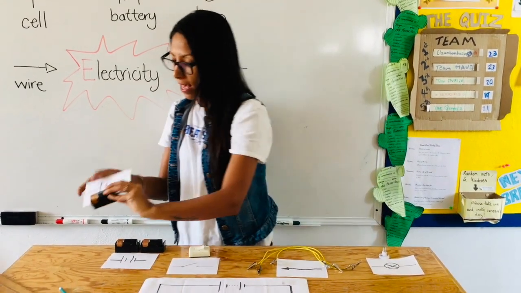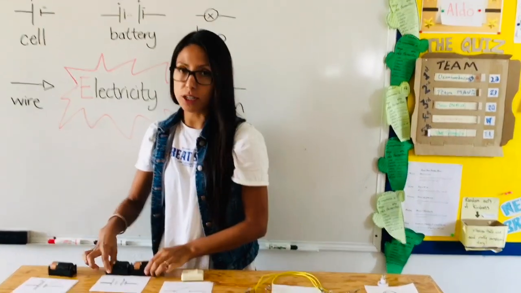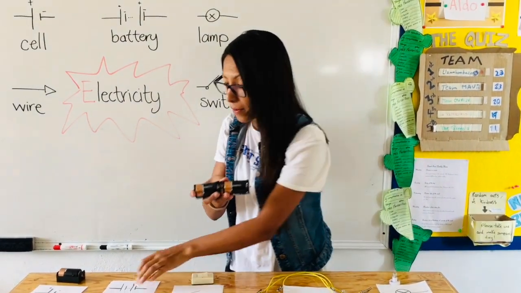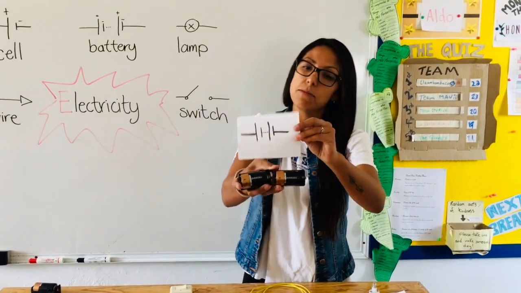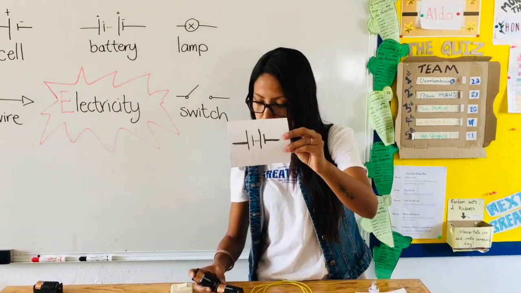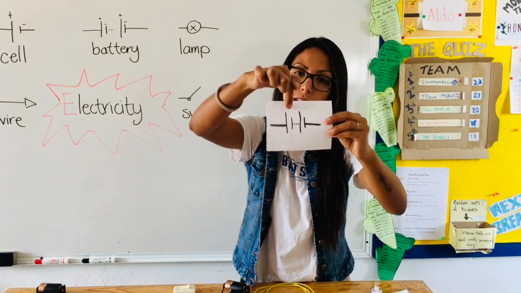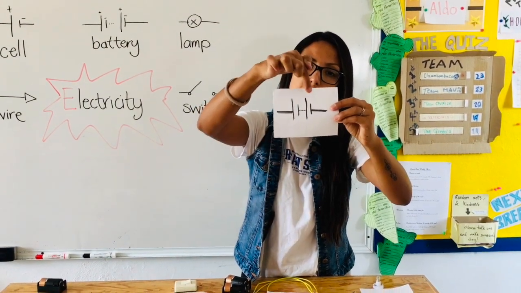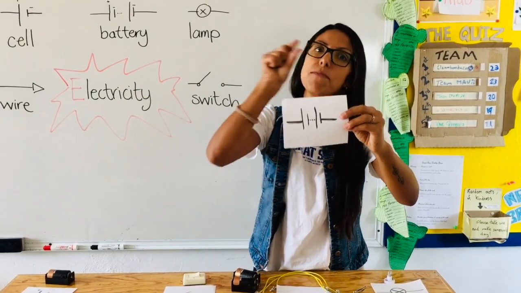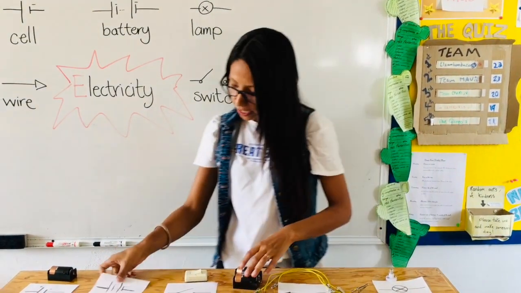But when we have two or more cells, which means we have a battery, the symbol changes a bit. As you can see here, we have positive, negative, and these little dots mean that you can have more cells together, okay?